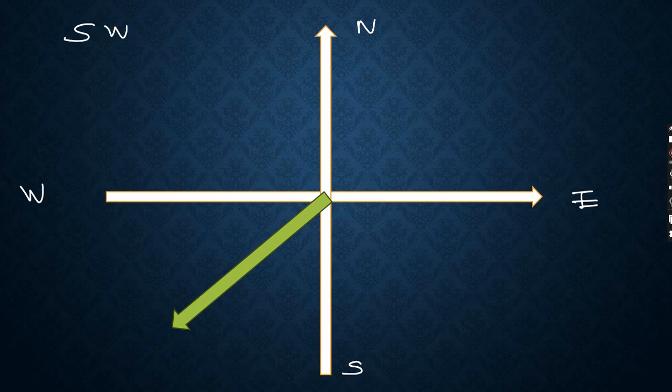As usual, this vector is between south and west, but it is closer to the west. I'm following the west because of this west here. That's why the angle is not here, but it is here. So now to find the direction, we measure from the positive x direction to where the vector is, which will be 180 plus 45, which is going to give us 225.